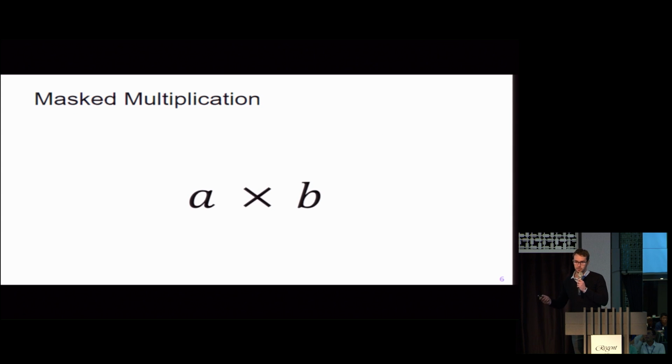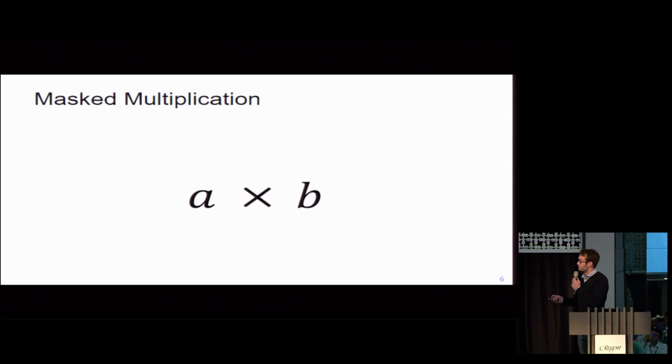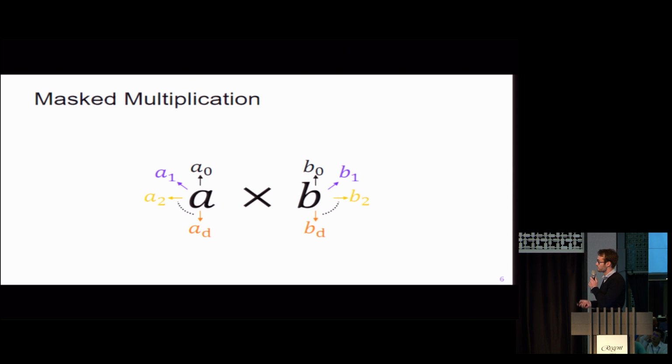But why do we need randomness at all? Therefore, we look at the masked implementation in the simplest form that we can have. So we have a one-bit multiplication over GF(2). And the variables that we use here are really vectors of shares.